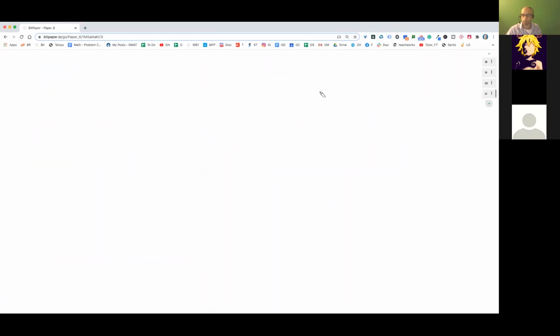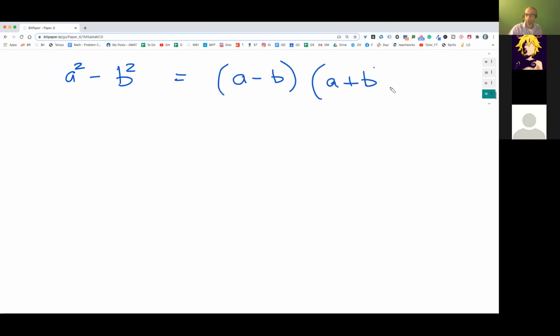Now let's try this one. Let's think about this formula as well. a squared minus b squared. This is yet another important formula. The shortcut is (a minus b)(a plus b). So let's try to factor 16x squared minus 9. Remember, this can be written as a squared.